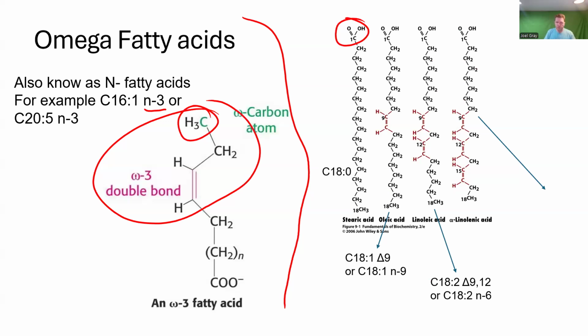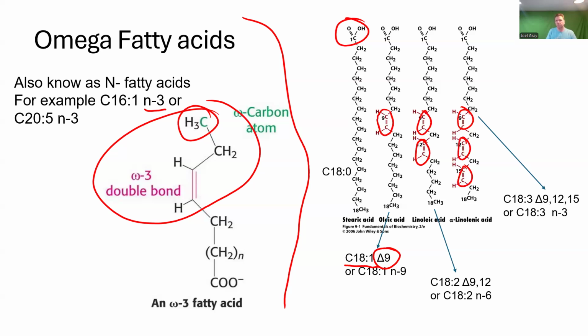So we've got C18:1 delta 9, which has a double bond beginning at carbon number 9, going to carbon number 10. That delta 9 indicates the placement of our single double bond. Delta 9, comma 12 indicates that we've got two double bonds, one beginning at carbon 9 and one beginning at carbon number 12. Then we've got our C18:3, delta 9, 12, and 15, those double bonds beginning at carbons 9, 12, and 15.